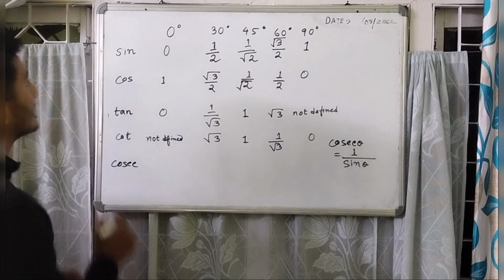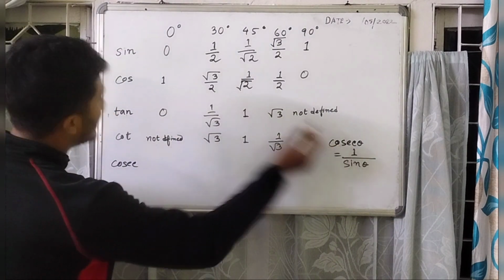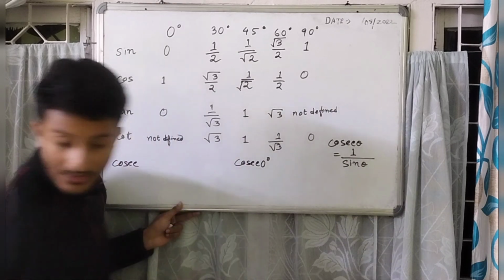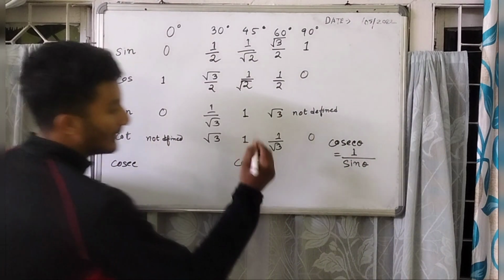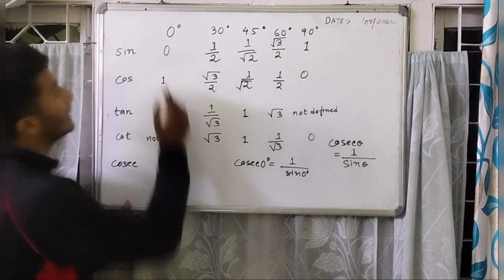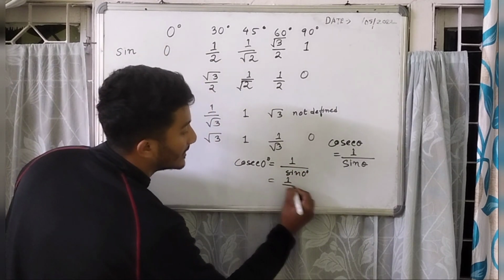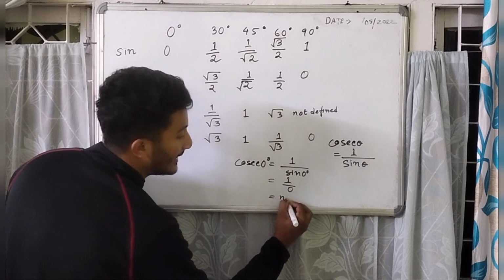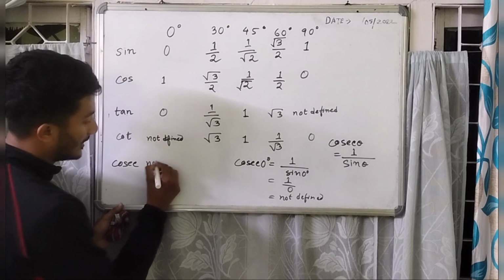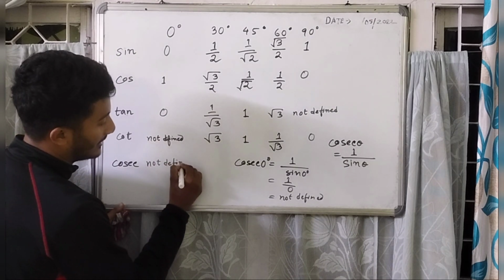Why? Because if we have to find out cosec 0 degree, it will be 1 by sin 0 degree, right? What is sin 0 degree? 0. So 1 by 0 is what? Not defined, isn't it? So what can we write here? Not defined. Okay.